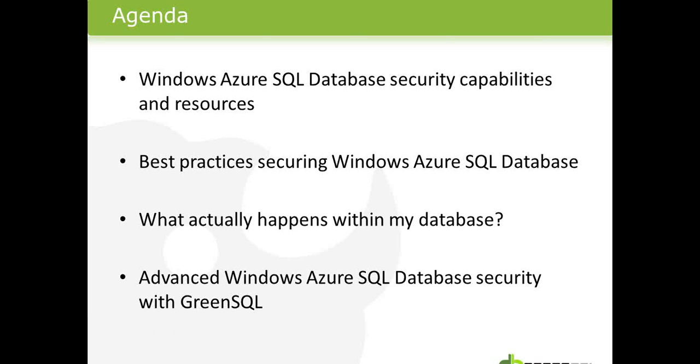We're going to try and understand what Windows Azure SQL Database customers can do to understand what's happening within their databases. And then we're going to talk about advanced security measures that you can take on Windows Azure SQL Database using GreenSQL. And as I said, we'll have plenty of time for questions and answers.